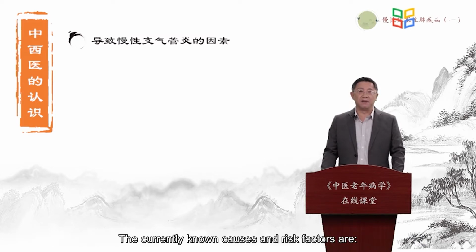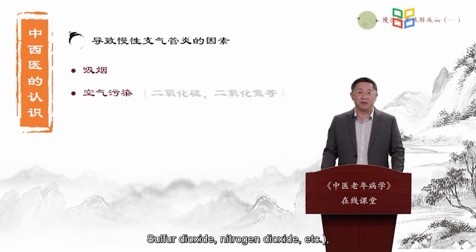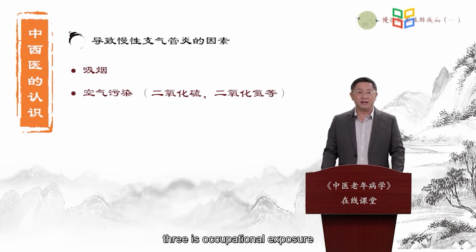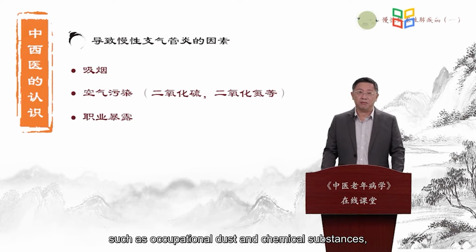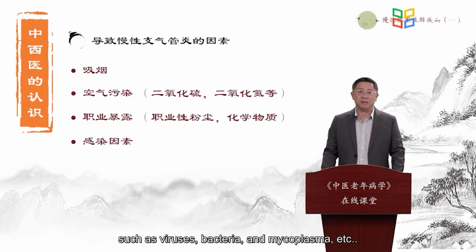The currently known causes and risk factors are: first, smoking; second, air pollution, such as harmful gases in the atmosphere, sulfur dioxide, nitrogen dioxide; third, occupational exposure, such as occupational dust and chemical substances; and fourth, infection factors, such as virus, bacteria, and mycoplasma.